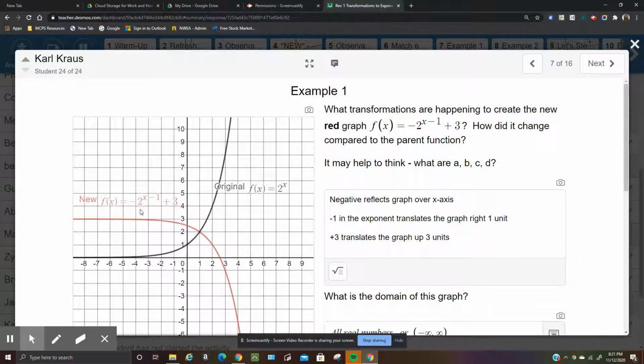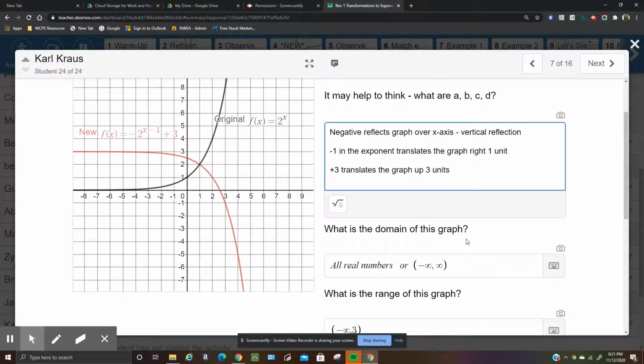All right, so this one, the negative in front of the 2 reflects the graph over the x-axis, that would be a vertical reflection. The -1 in the exponent translates the graph right 1 unit. The +3 translates the graph up 3 units.